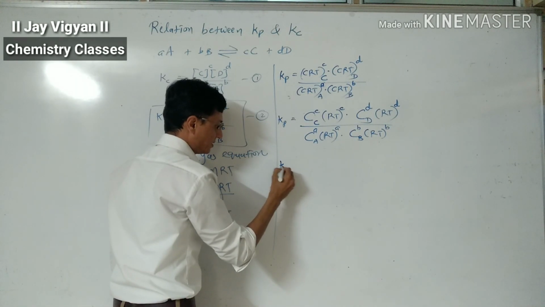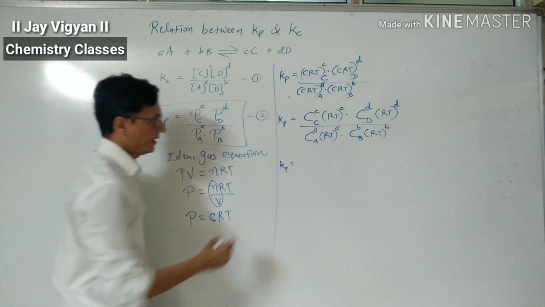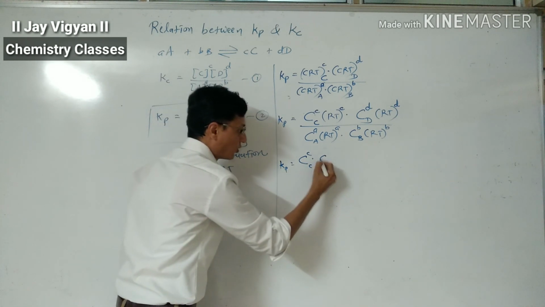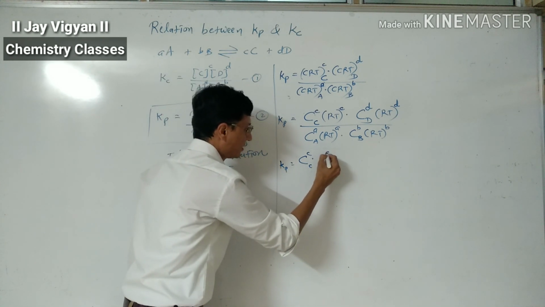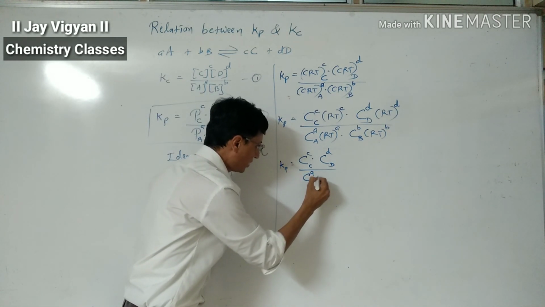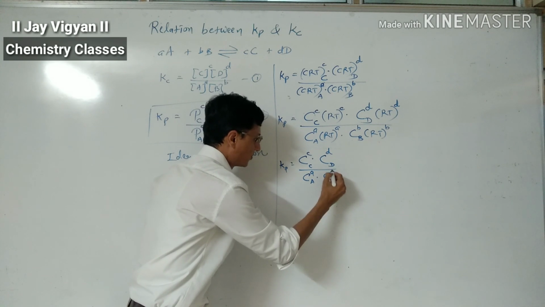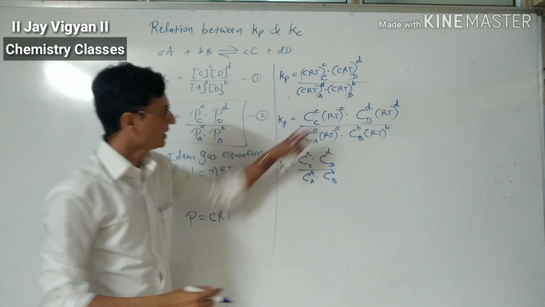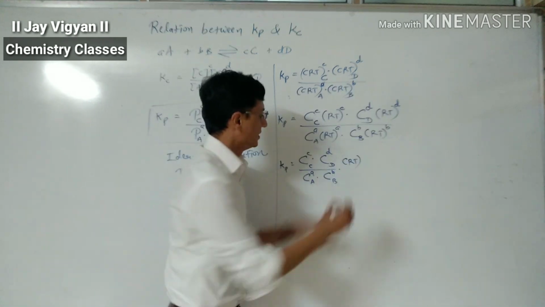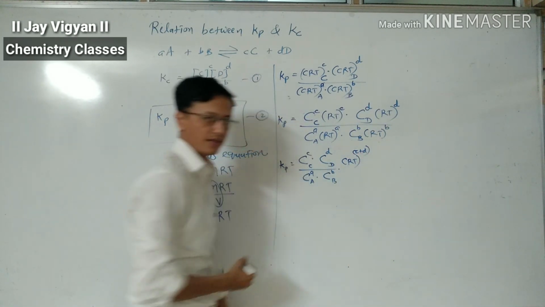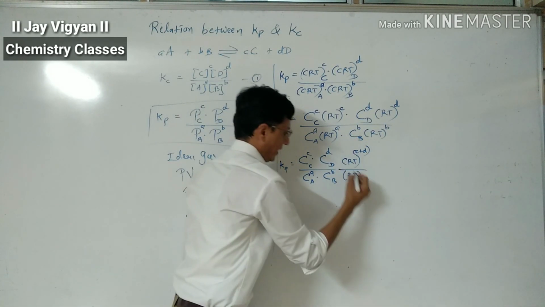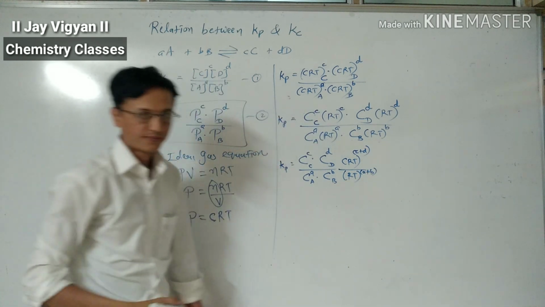Now from this equation, we can write concentration of C raised to c multiplied by concentration of D raised to d upon concentration of A raised to a multiplied by concentration of B raised to b, and here we can write RT raised to c plus d, upon RT raised to a plus b.